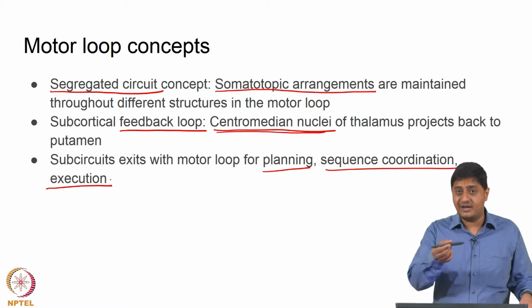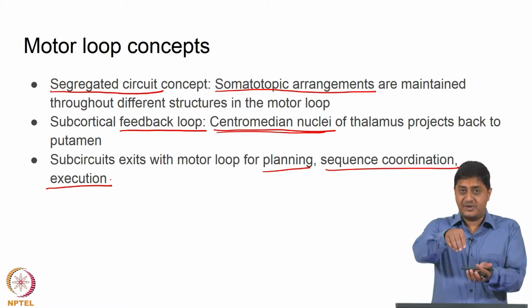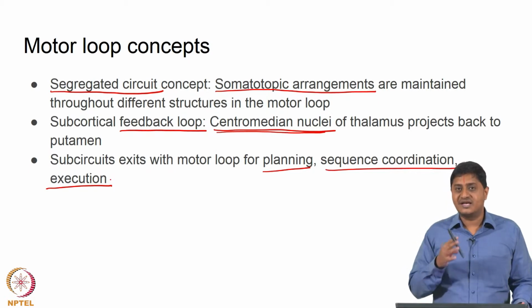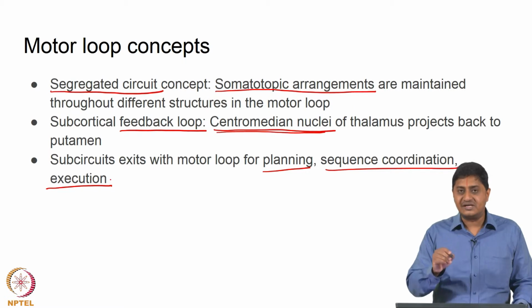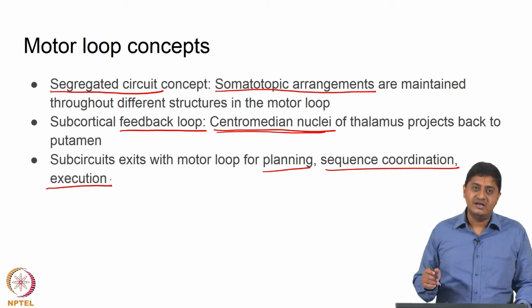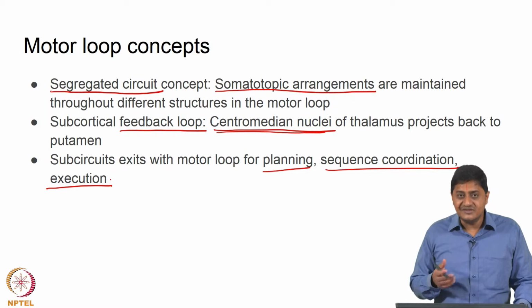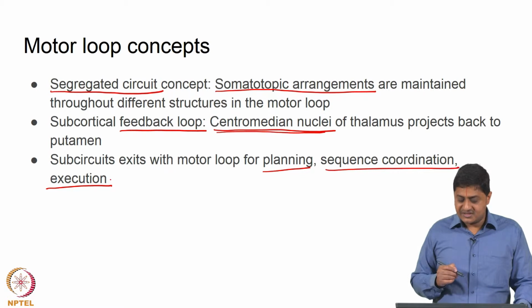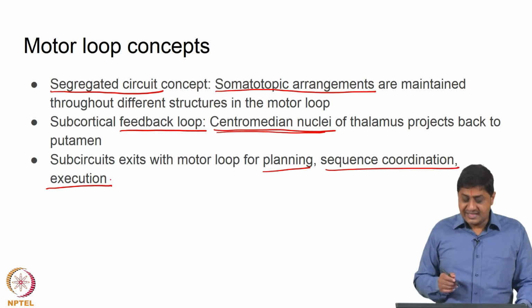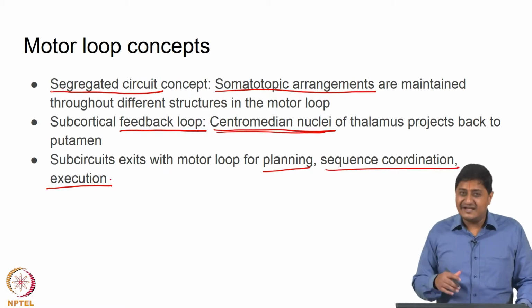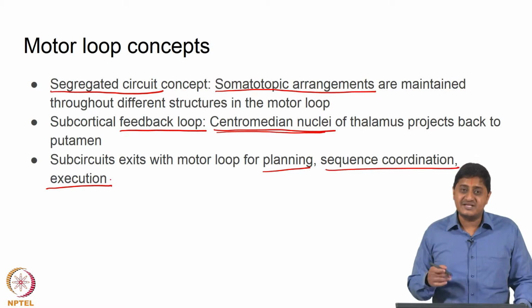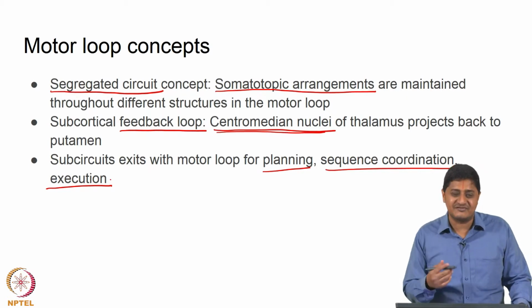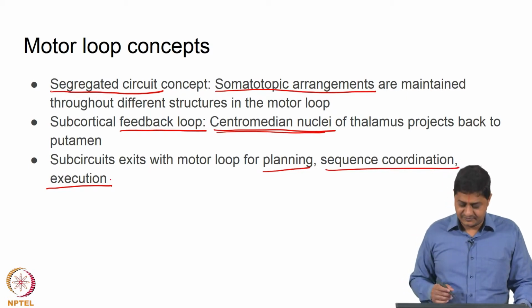Whether I want to pick up the pen, push the pen out, perform a cyclic movement like that, or write, for example. These are different functions, but essentially we are using the same limb and the same effector for that. It turns out that the basal ganglia has different loops for different aspects of this movement related behavior.